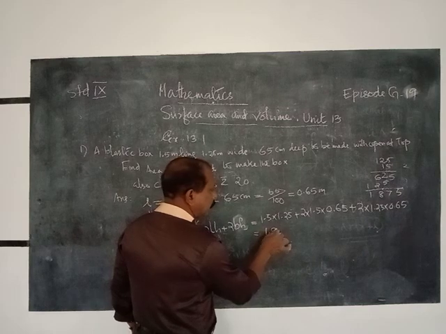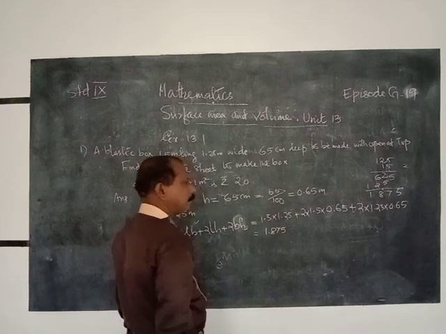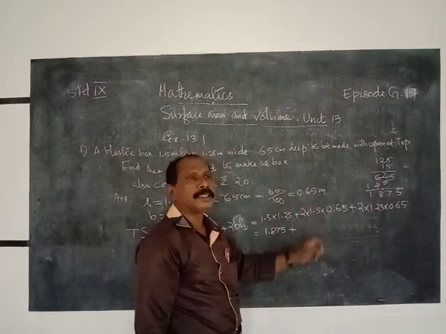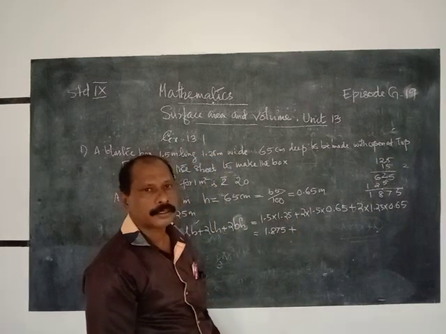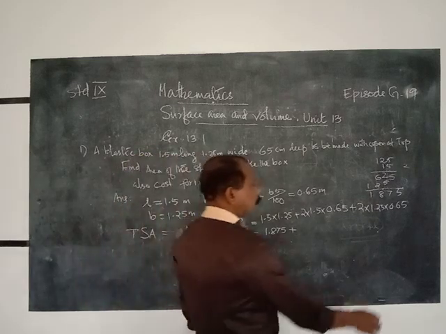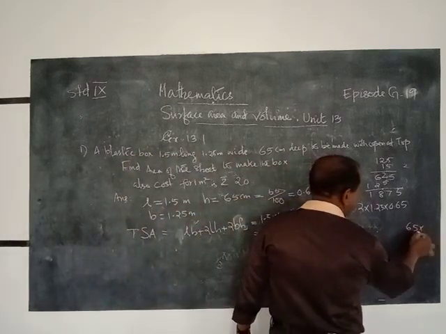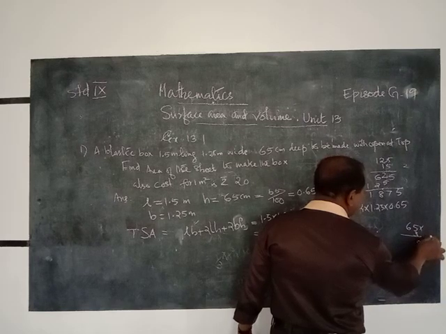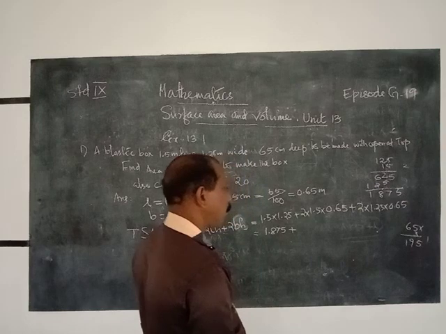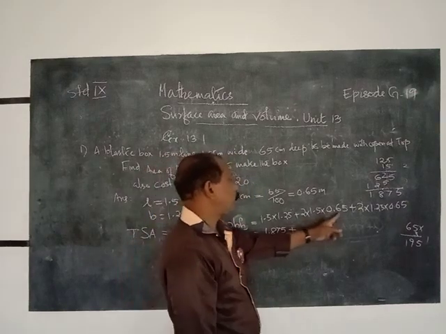That is 1.875 plus 1.5 into 2 means it is 3. 15 into 2 is 30, therefore 3. That is 65 into 3. How many decimals? 2 decimals.